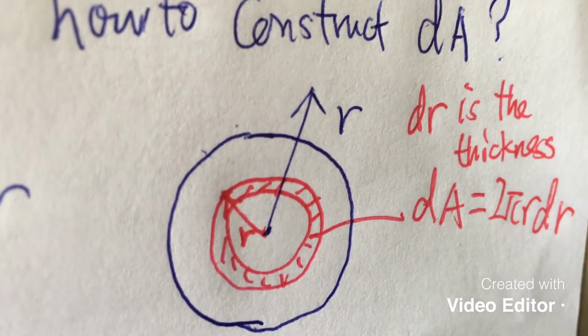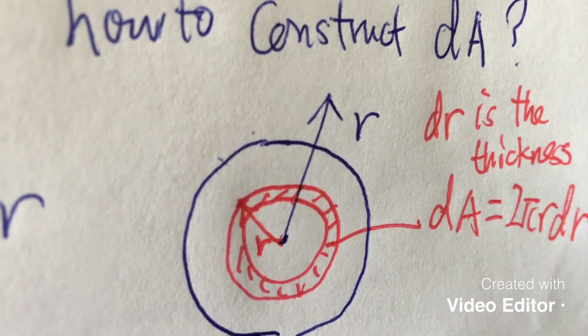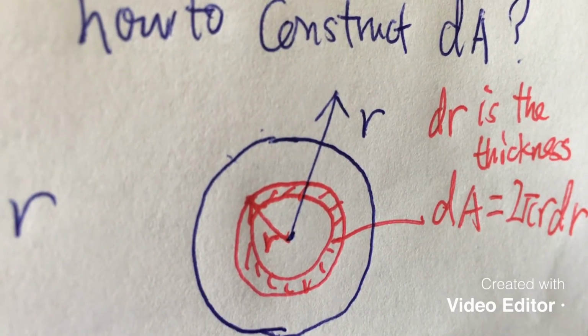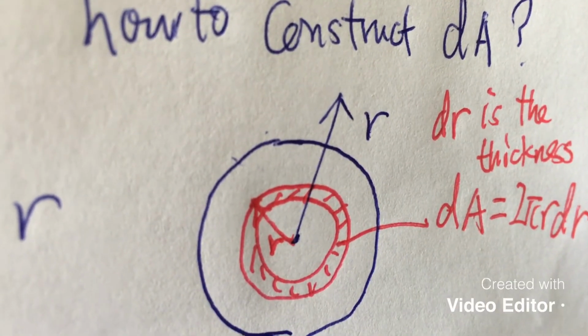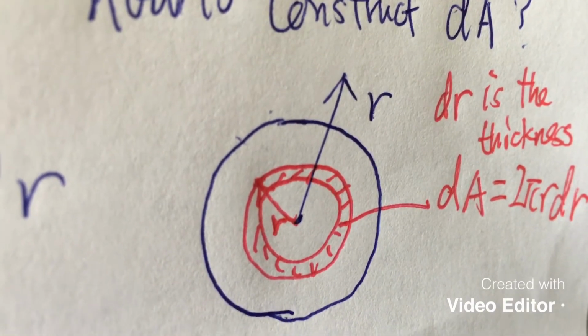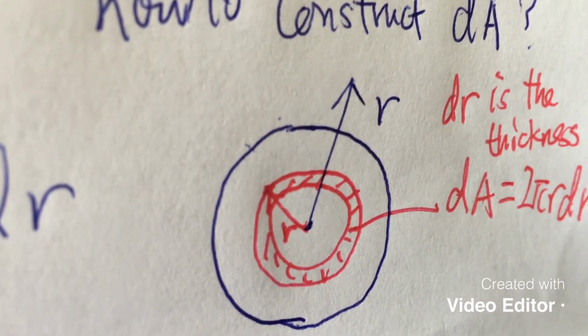It's the circumference of the ring times the thickness of the ring. dA equals 2 pi r, which is the circumference of that ring, times dr, where dr is the thickness. Be careful, this is calculus.